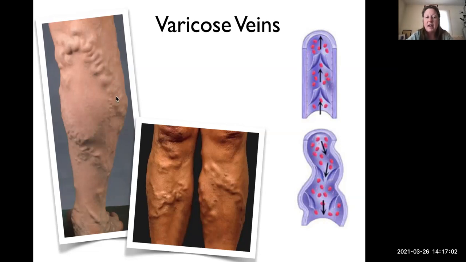All of that is from the veins being distensible and not able to get the blood back to the heart. And so it's accumulating in these veins and stretching them more and more and more.